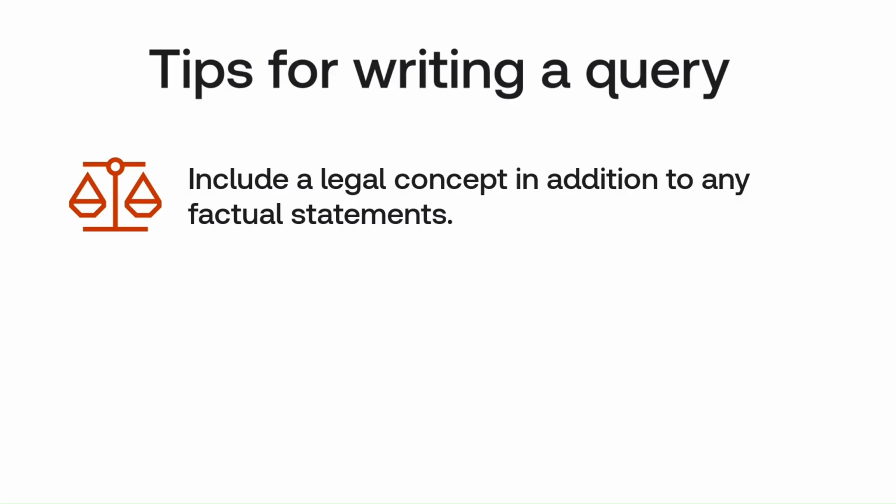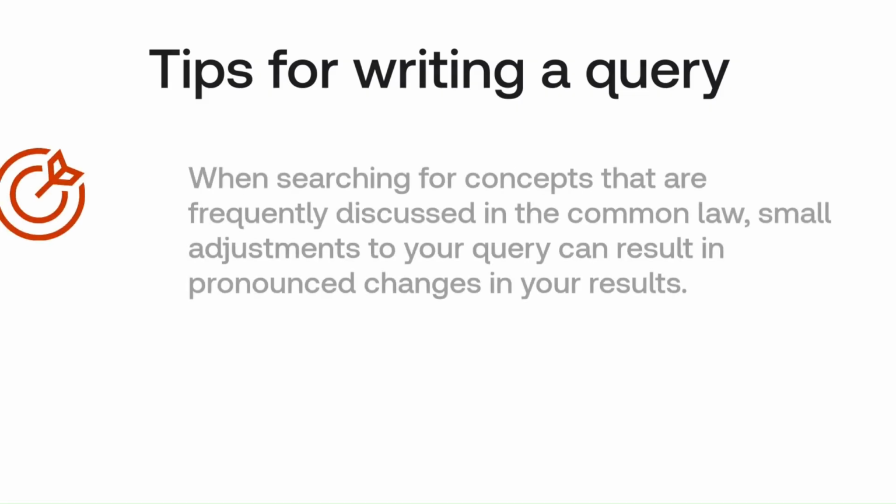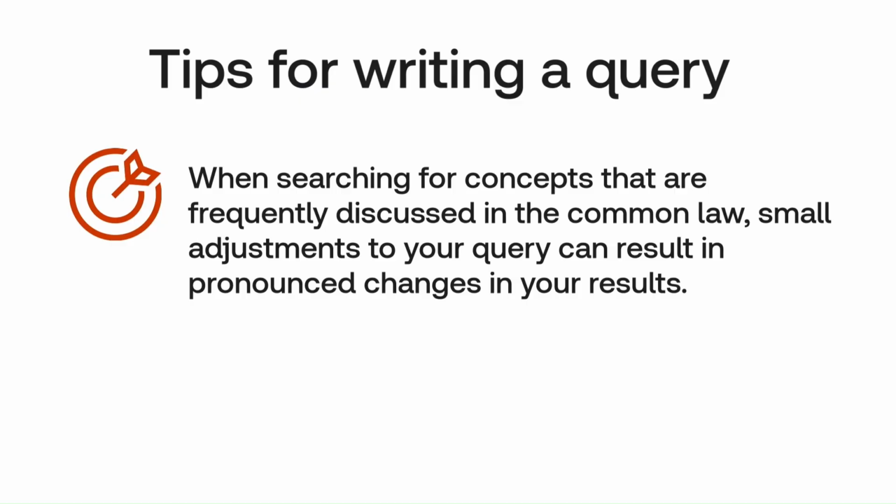Parallel search can work with any type of sentence, but it returns sentences from the common law, judicial opinions. Due to the nature of the underlying data, sentence queries that are either a legal concept or a hybrid of a legal concept and fact will typically find the most on-point results. When searching for concepts that are frequently discussed in the common law, small adjustments to your query can result in pronounced changes in your results.